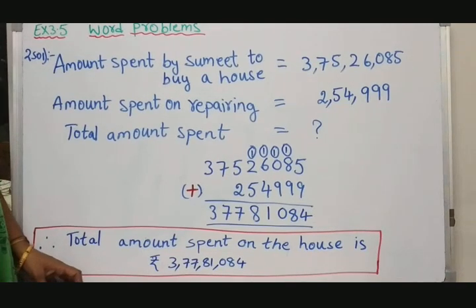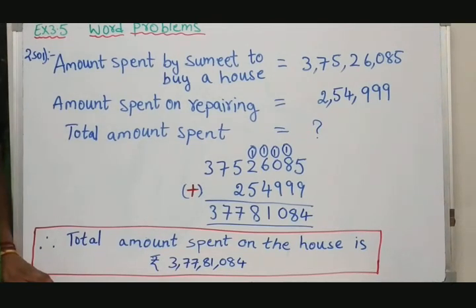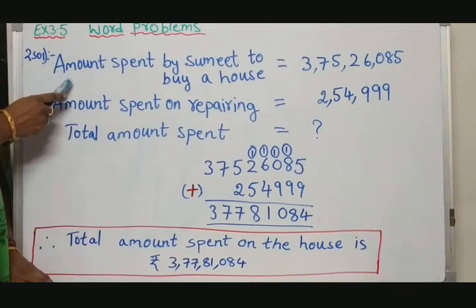First, I'm reading the question once again for you. Sumit bought a house for rupees 3 crores 75 lakhs 26,085 and spent rupees 2 lakhs 54,999 on repairing and painting. What is the total amount spent on the house? So, when we read the first sentence in the question, that itself makes the first statement.